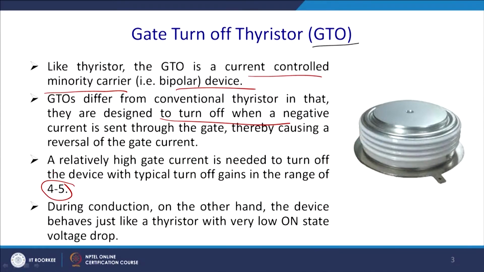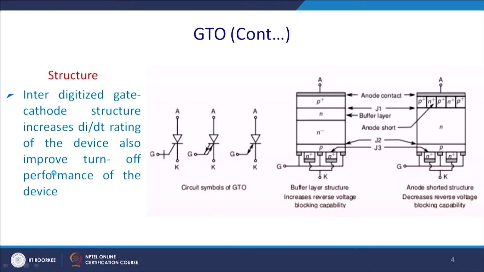During conduction, on the other hand, the device behaves like a thyristor with very low on-state voltage drop. This is one of the advantages, where other devices like the IGBT and all those things will find it.